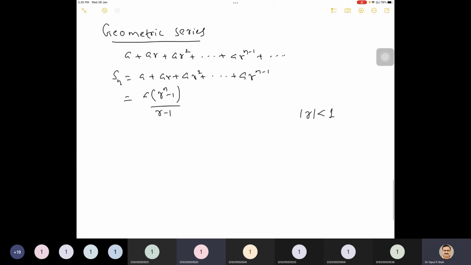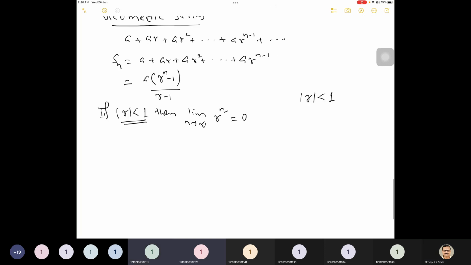So we know that if modulus r is less than 1, then the limit as n tends to infinity of r power n is 0. Suppose 0.1: 0.1 power 2, 0.1 power 3, 0.1 power 4, 0.1 power 5. You will see that it goes towards 0. So it decreases and it will be 0.